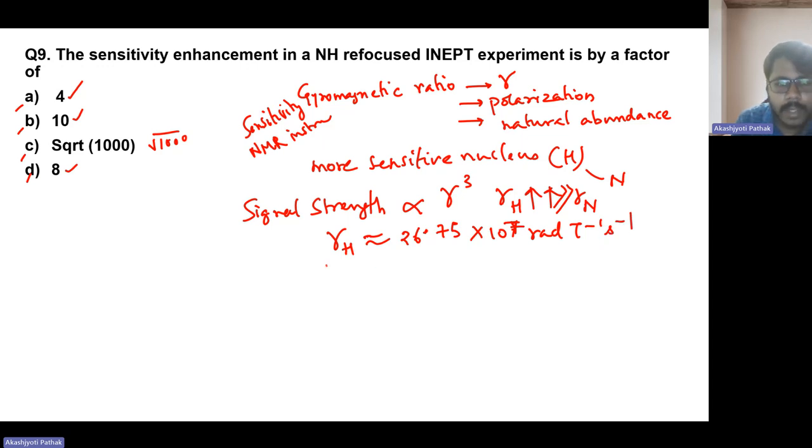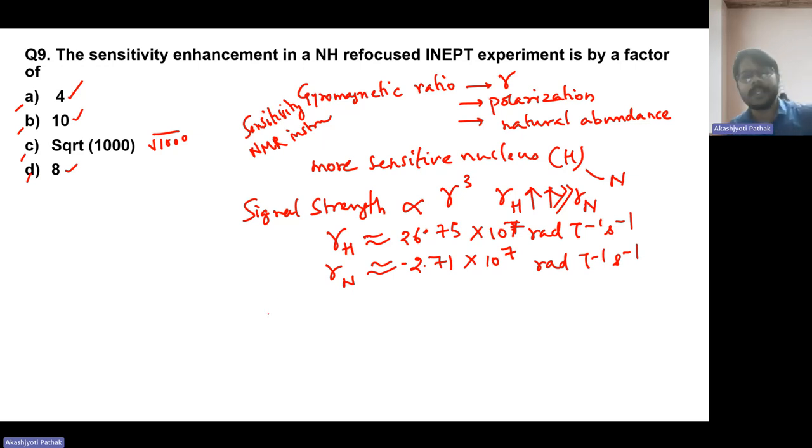While in case of nitrogen, it is almost 10 times lesser than gamma H. So its value is only 2.71 into 10 to the power 7. Okay. So what happens in this INEPT?